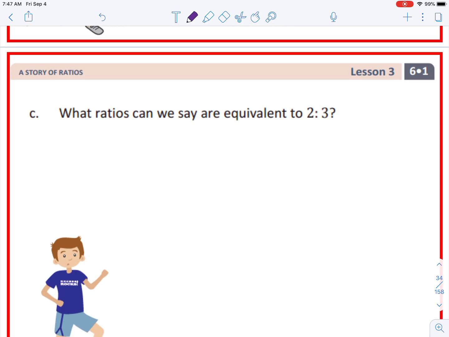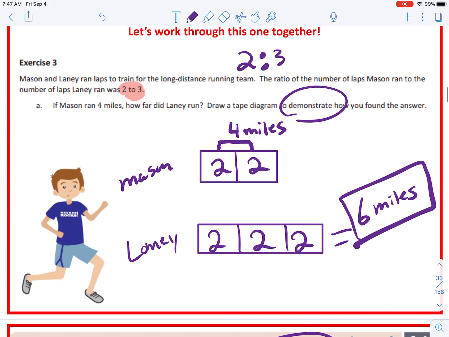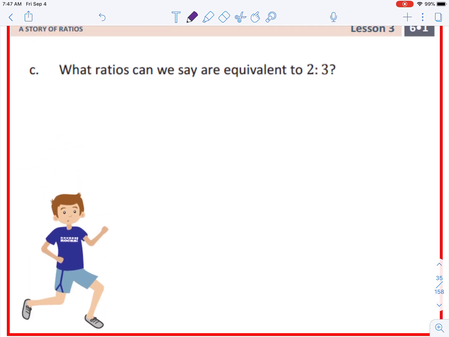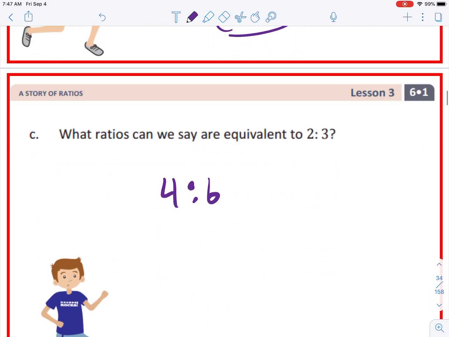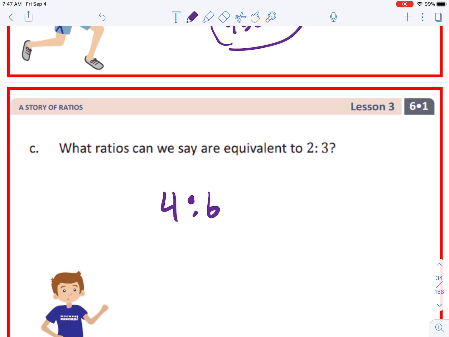So what ratios can we say are equivalent to 2 to 3? Well, obviously we can say 4 miles to 6 miles, which is 4 to 6. And the one we just did was 620 meters to 930 meters, so 620 to 930.